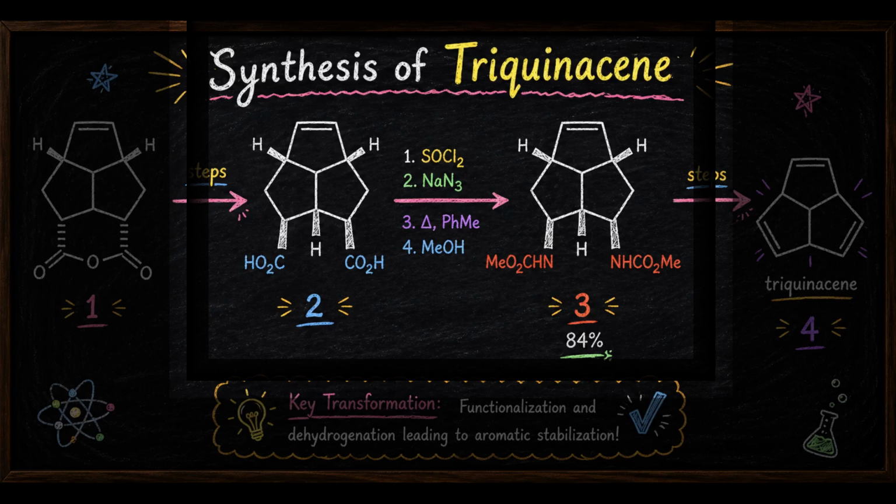Upon heating, this undergoes the Curtius rearrangement, where the acyl azide loses nitrogen gas to generate an isocyanate intermediate. This rearrangement is significant because it involves a migration of the R group from the carbonyl carbon to nitrogen, forming a highly reactive isocyanate without changing the carbon skeleton.